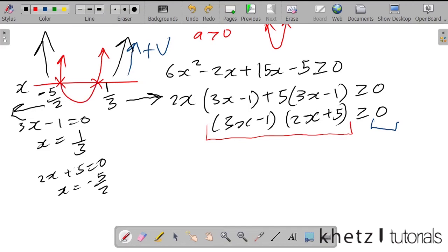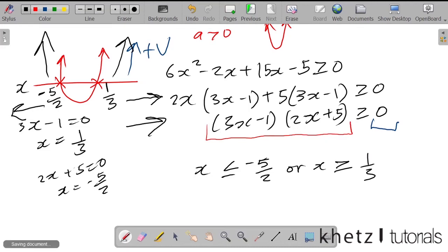So the answer to this question is x less than or equal to negative 5 over 2, or x greater than or equal to 1 over 3. That is why we have x less than or equal to negative 2.5, or x greater than or equal to 1 over 3.